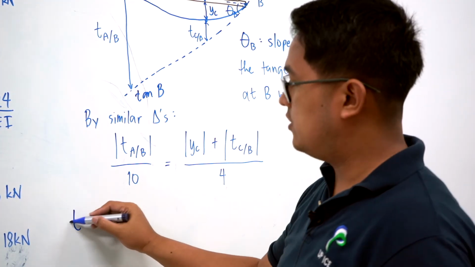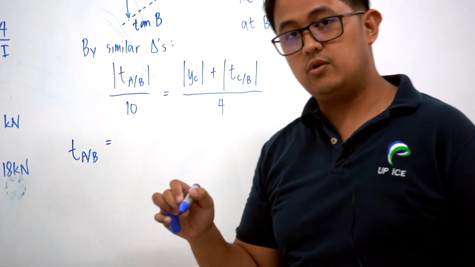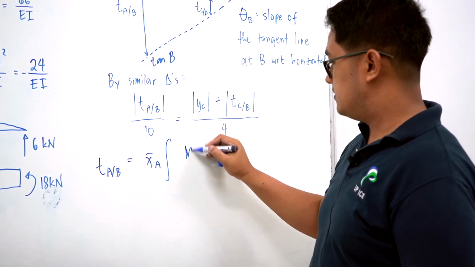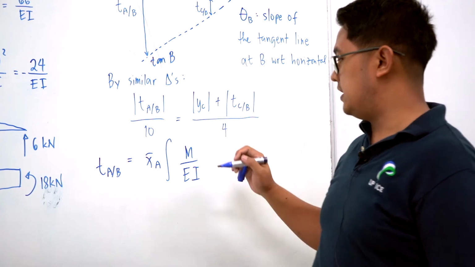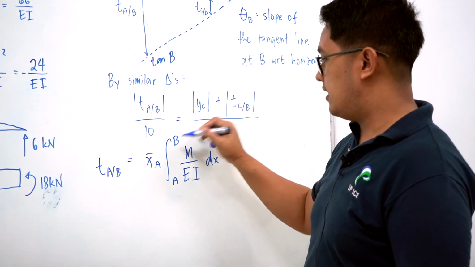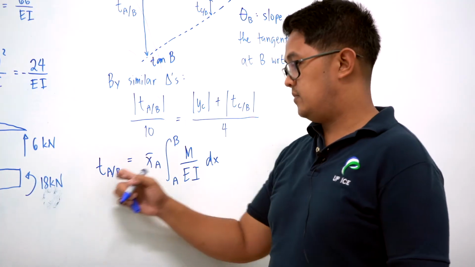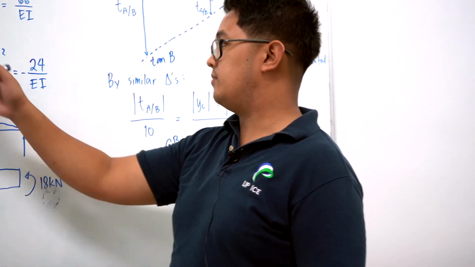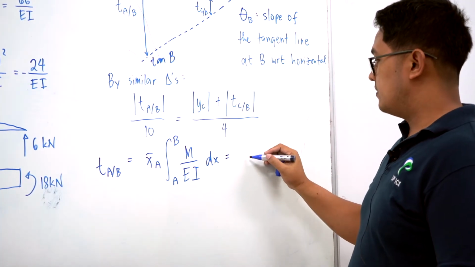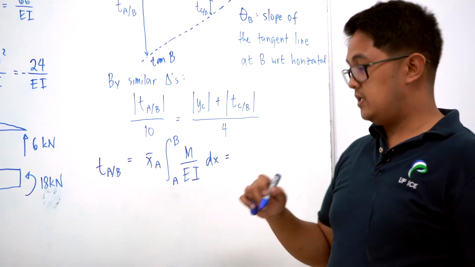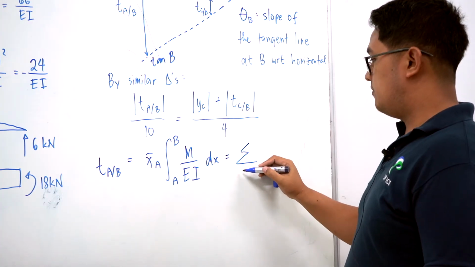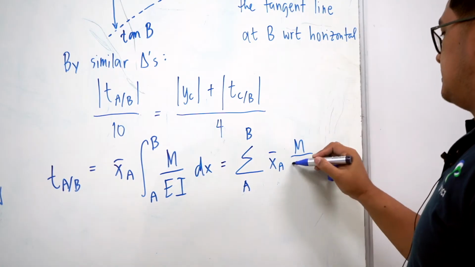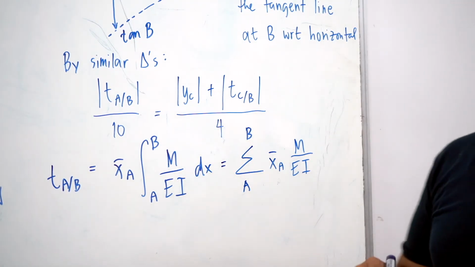The tangential deviation of A with respect to B, by definition, is the first moment of all areas under the M over EI diagram between A and B, where the centroids are measured from point A. Since we have a finite number of regular-shaped areas, this integral can be approximated using a summation from A to B of x bar of A times all areas under the M over EI diagram.